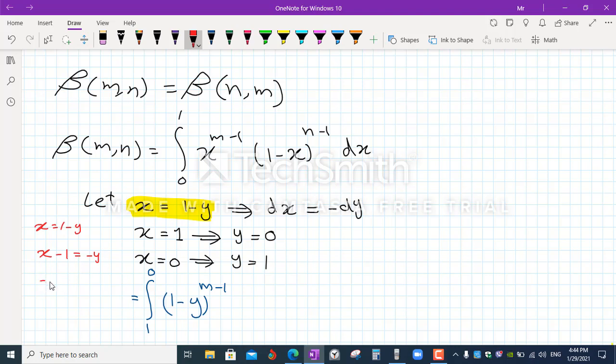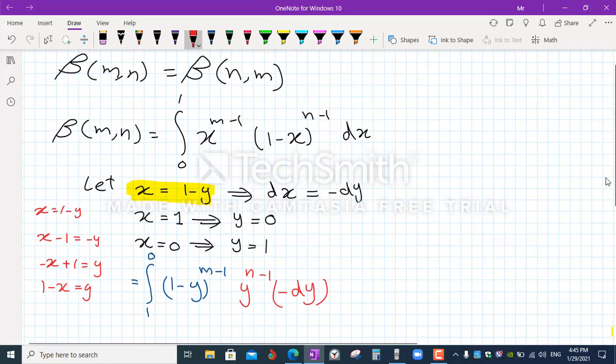So negative x plus 1 is equal to y, which we can rewrite as 1 minus x. So instead of 1 minus x, we can write just y, to the power of n minus 1. And instead of dx, we must write negative dy, and give it brackets because it's not minus, it's negative.